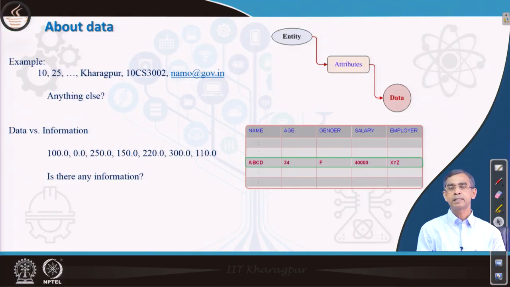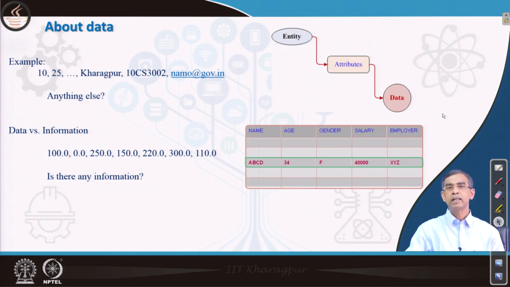For example, in this table, as we see, the attributes are namely name, age, gender, salary, employer. So, this is basically a record or an entity, a set of entities related to the different employees in an organization.